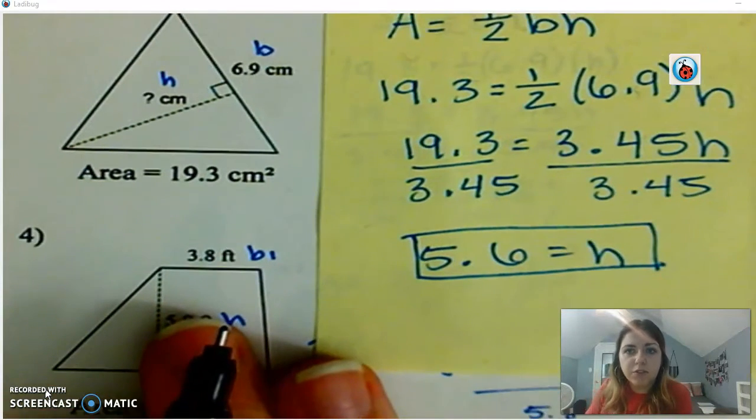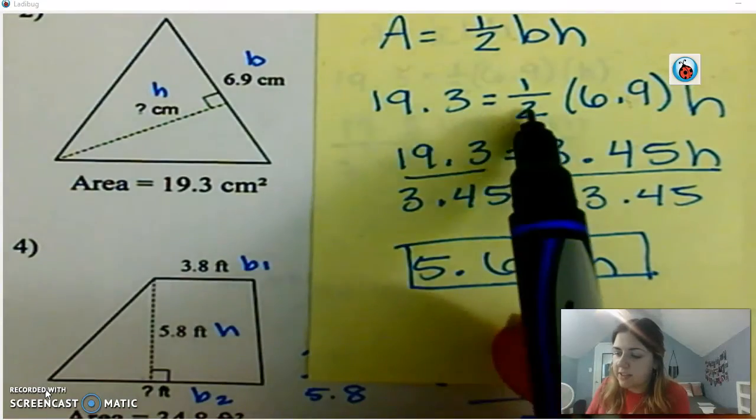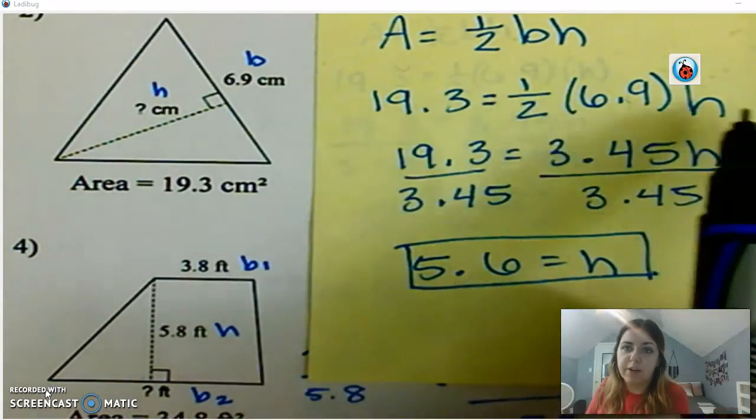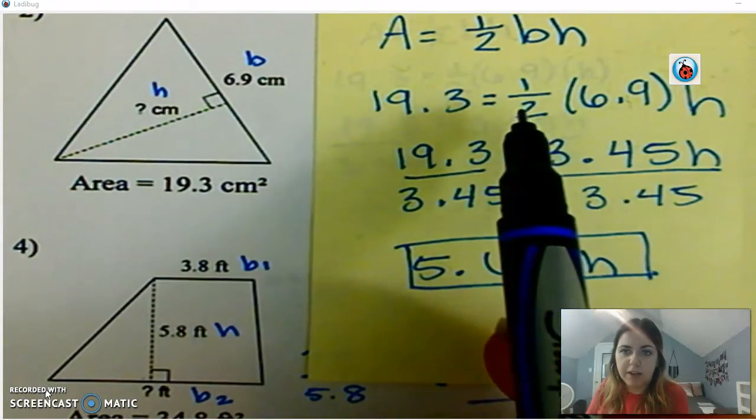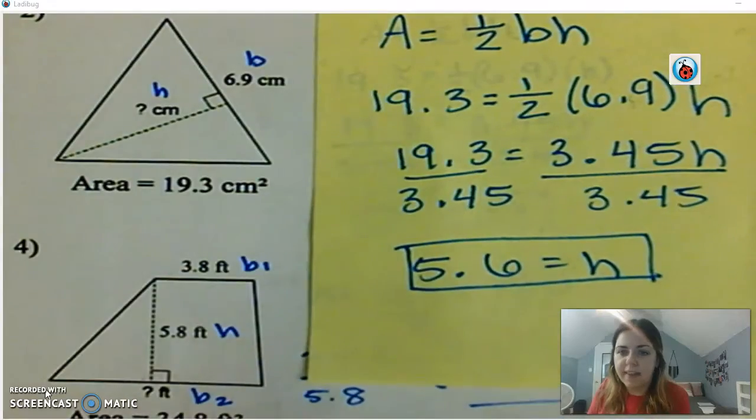So that's how you would do it for a triangle. The difference there is you just do 1/2 times whatever number's here, and then divide by that.